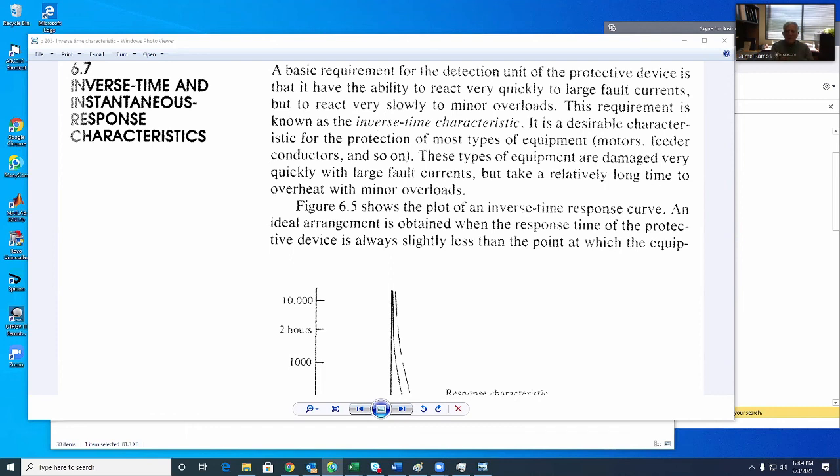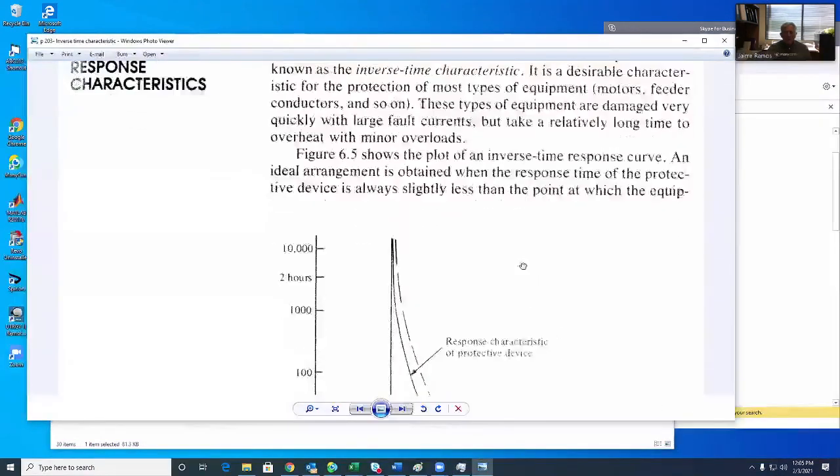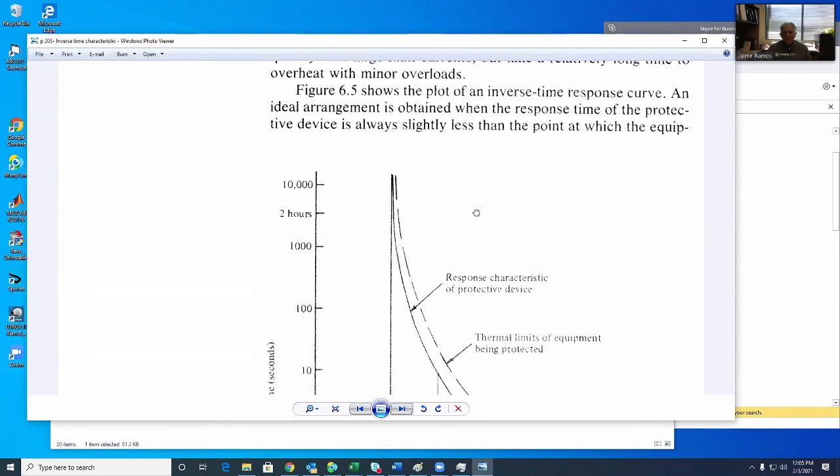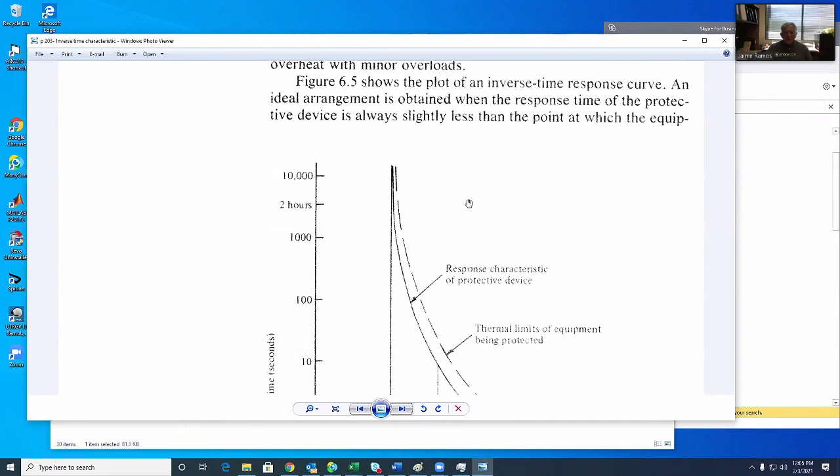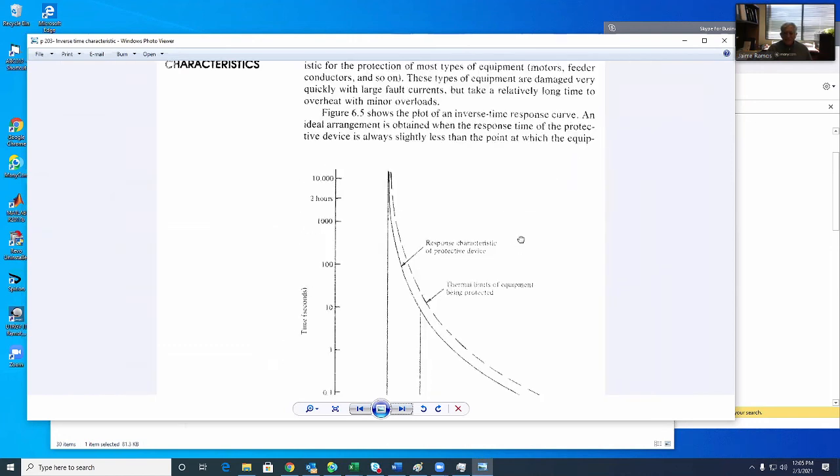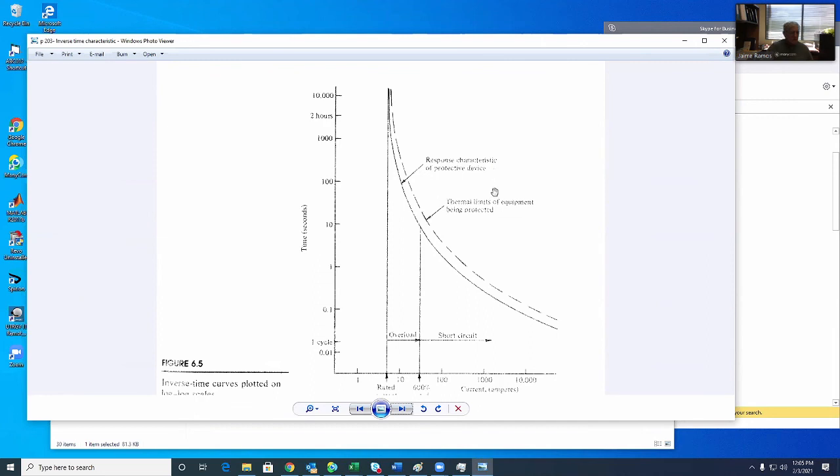Okay, so here we have the reason why the device has to have an adaptive response, depending on time. Figure 6.5 shows a plot of the inverse time response curve.